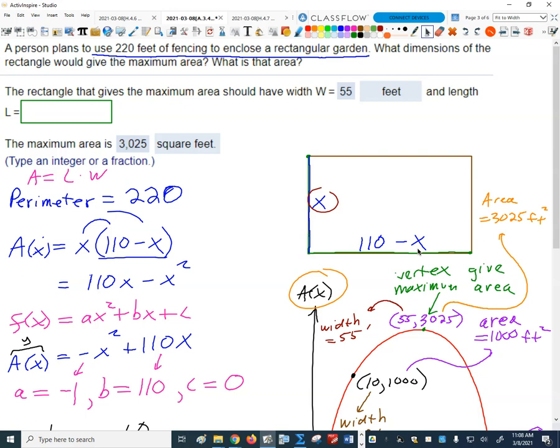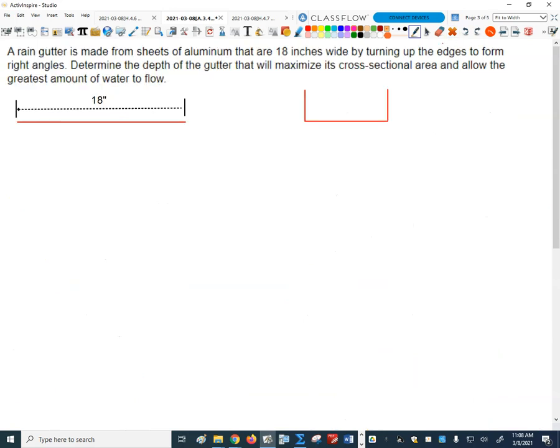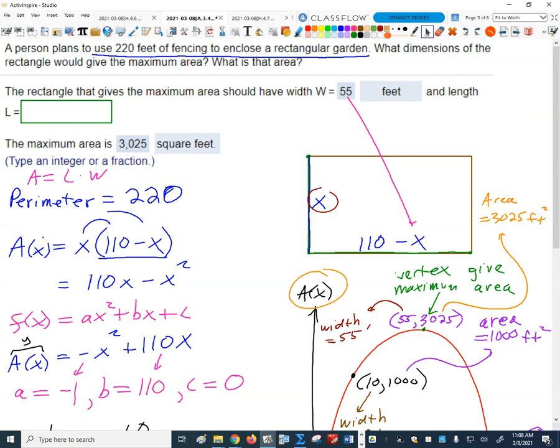If I plug that 55 in right here, 110 minus 55 gives me my length. Well, that's just 55, isn't it? So the length is also 55 feet.